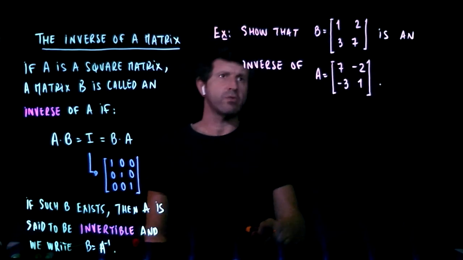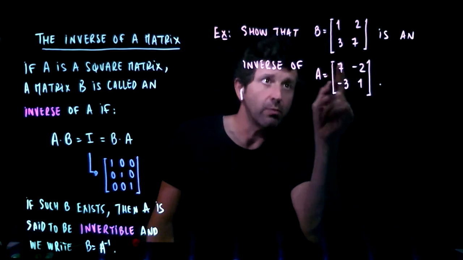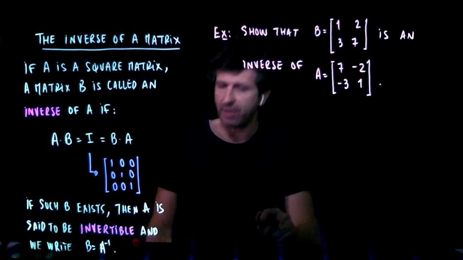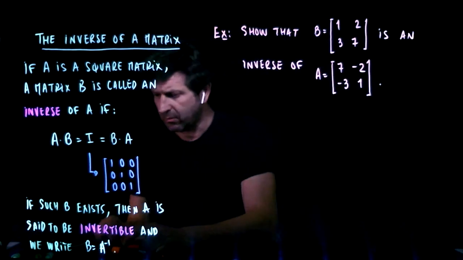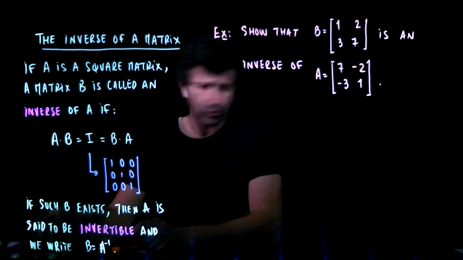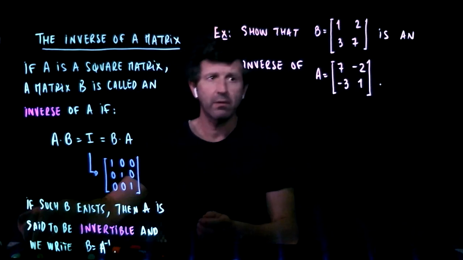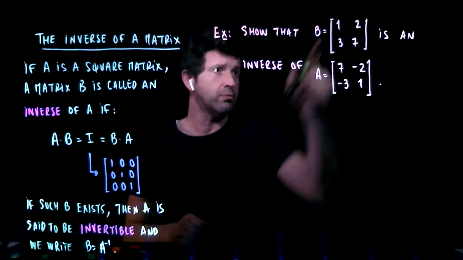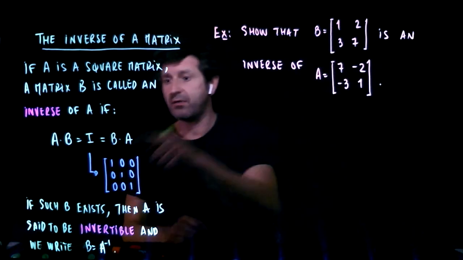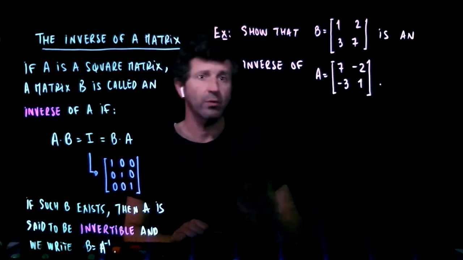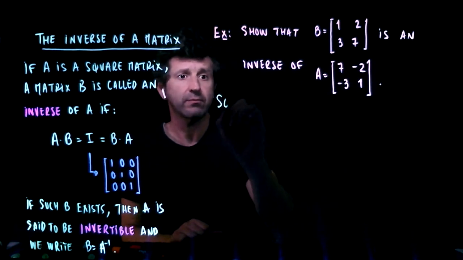So show that B is an inverse of A. How will we do this? Well, very simple. We would just multiply them and see if we get the identity indeed. So, solution.